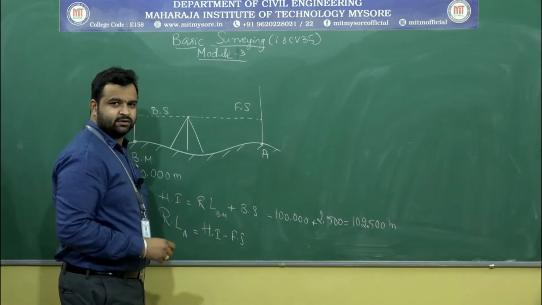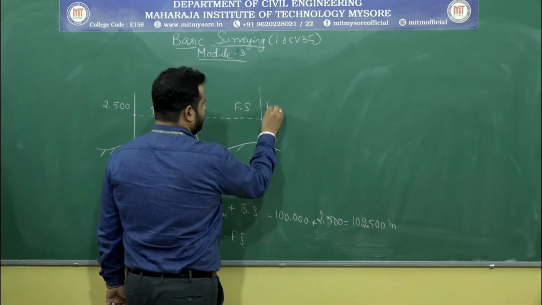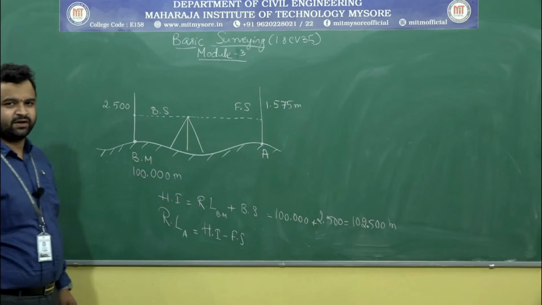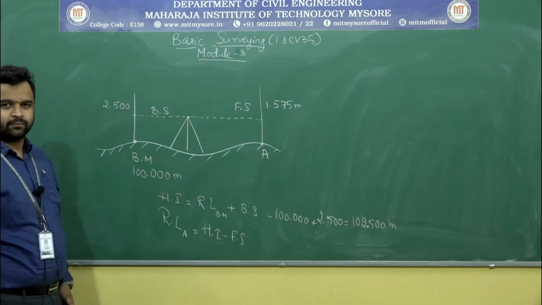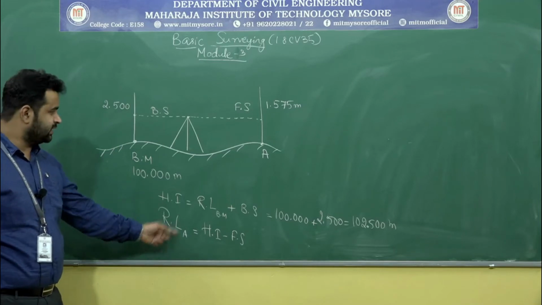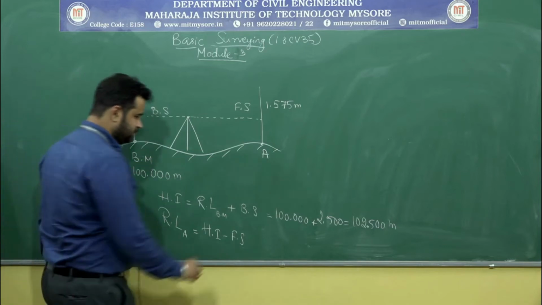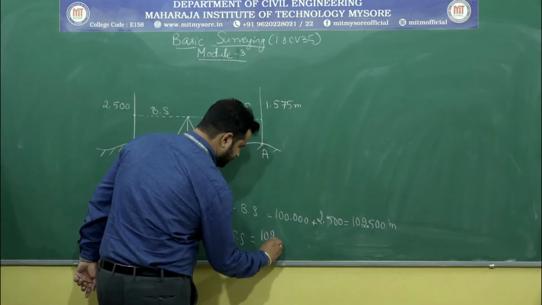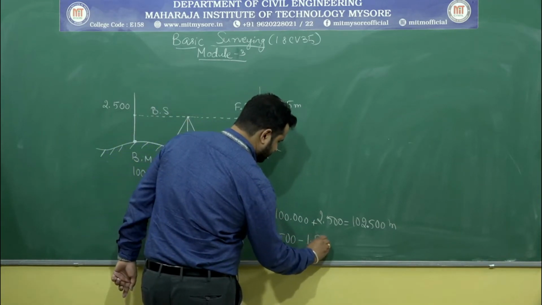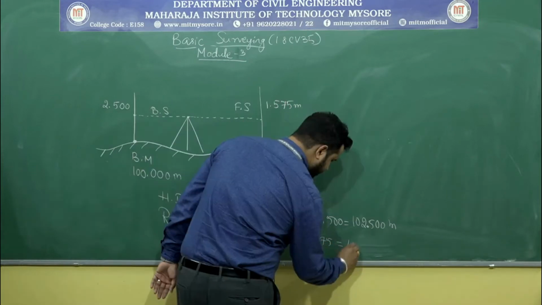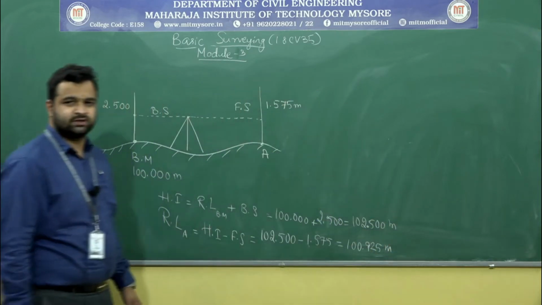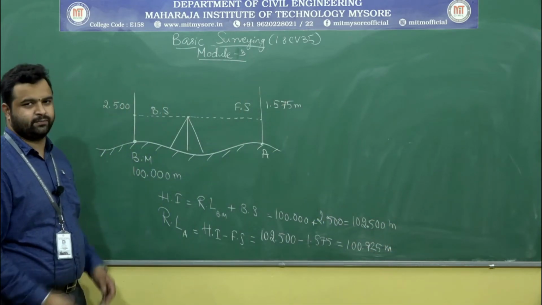Let me take this foresight as 1.575 meters. Let the staff reading be 1.575 at A. Using that foresight and this HI, we can easily calculate the elevation of point A, which is 102.500 minus 1.575, equal to 100.925 meters. This is how you calculate the RL of a given point.